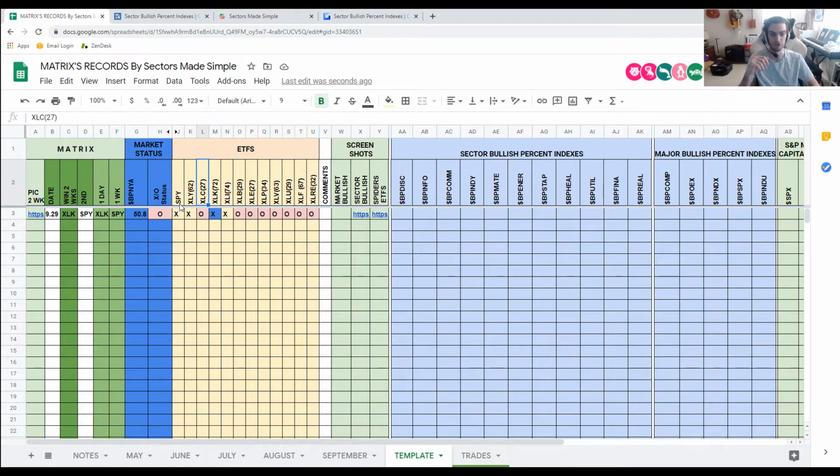Some may fall into two categories. So you can find two ETFs that hold the same company. That's okay. But for some markets, such as communications, when you only have 27 companies, it's very useful to know what the bullish percent of that is. But there's more than 27 communication companies in the New York Stock Exchange.